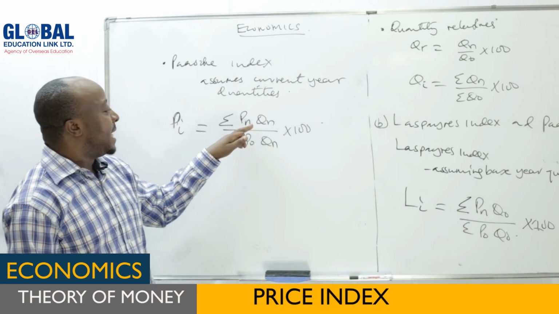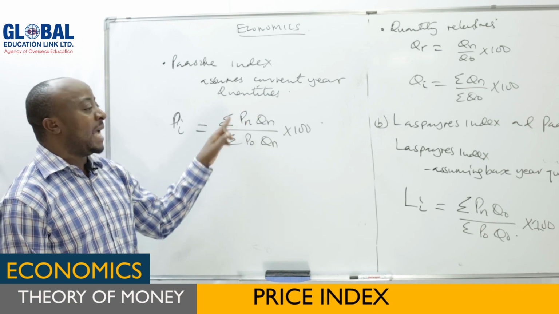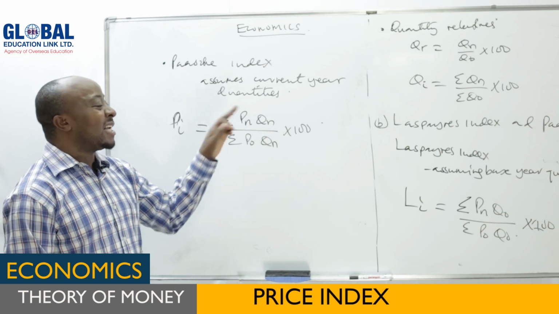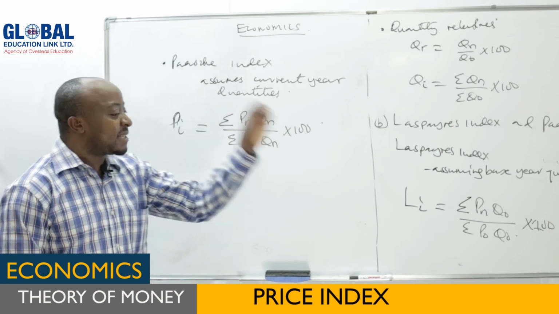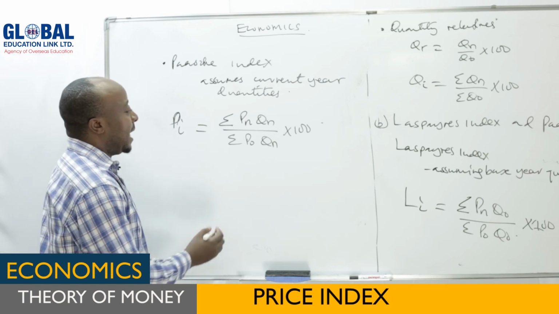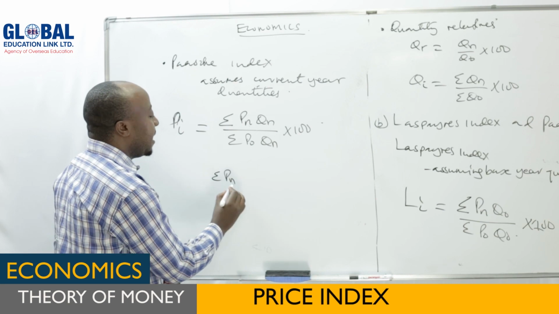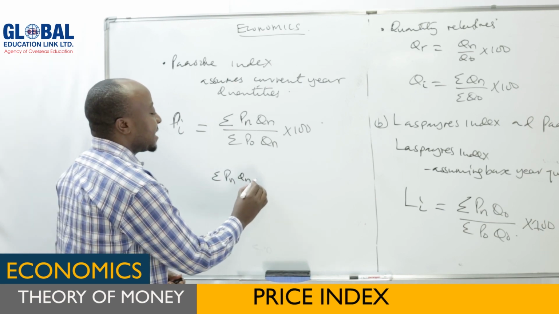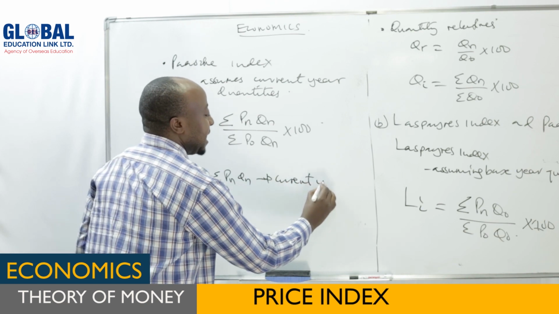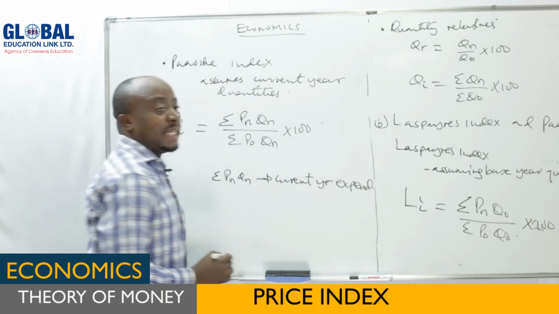Now in the numerator, because of these PN, current year prices, this will be regarded as current year expenditure, because we want to compare base year expenditure and current year expenditure. If we take the summation of PN QN, this stands for current year expenditure, or expenditure in the current year.